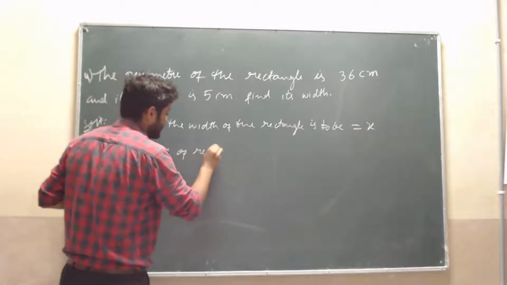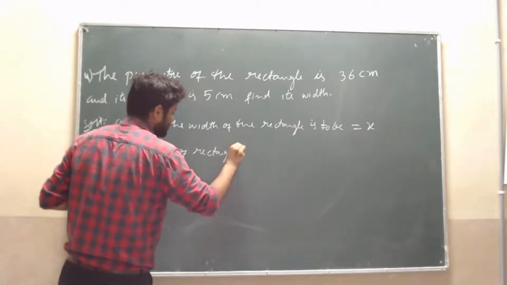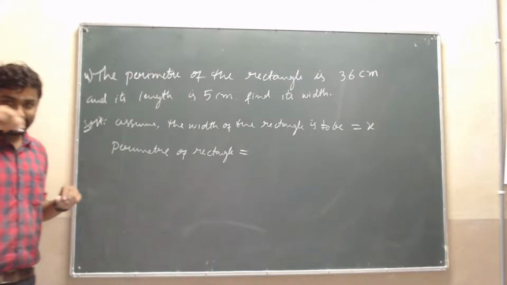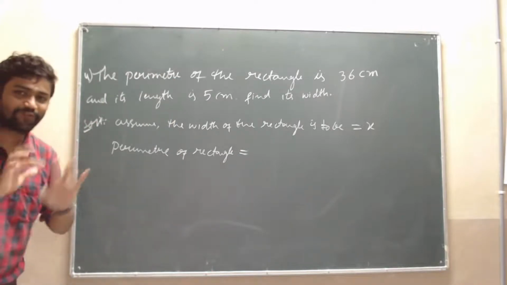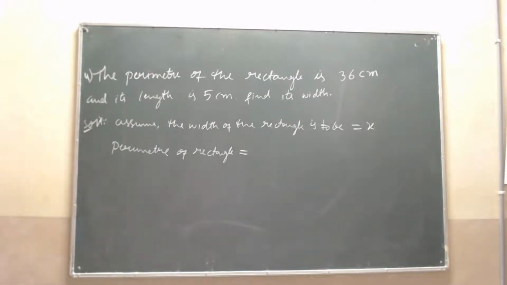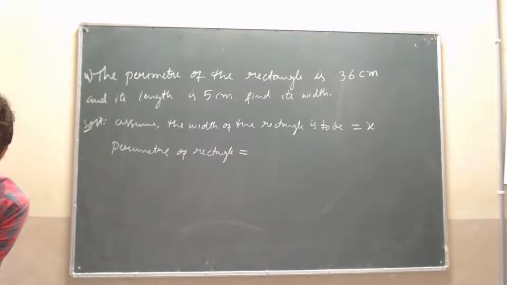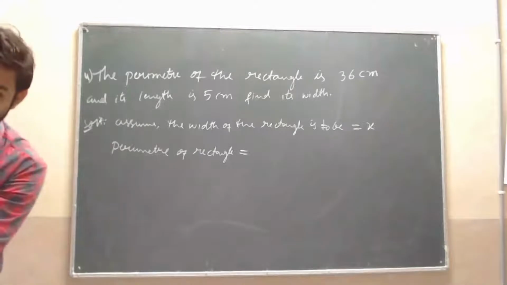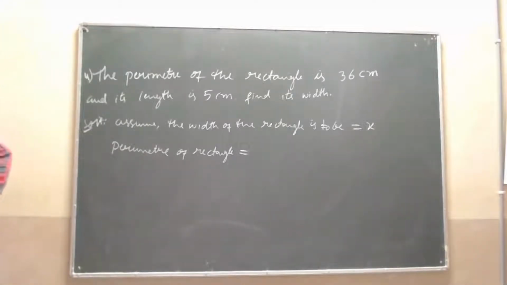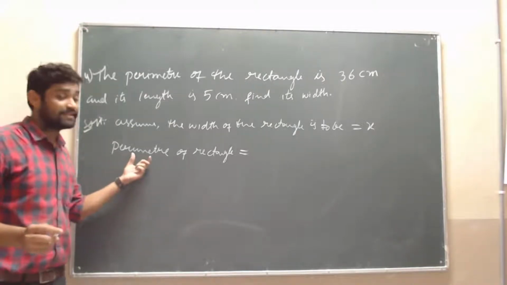Yes, Anju: 2 into length plus b. B means breadth. Width also we can say. Bharat, yes, 2 into L plus b. Subhashini, 2 into L plus b. Very good, very good. Yes, we have the formula.